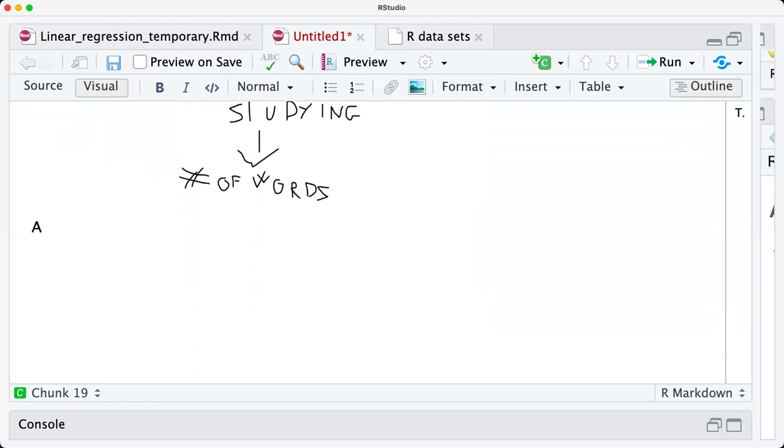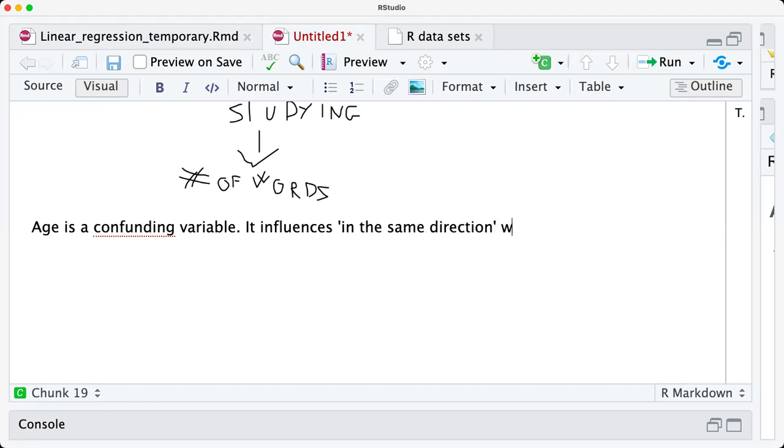Age is a confounding variable. It influences, in the same direction, the weight and the number of words.